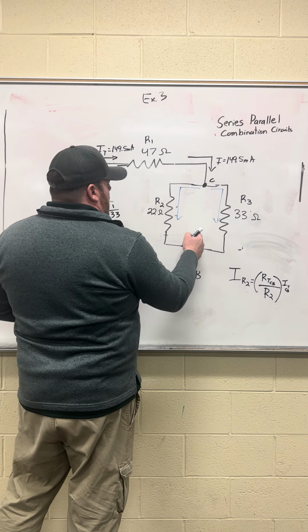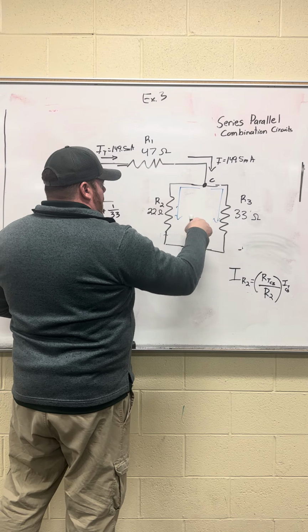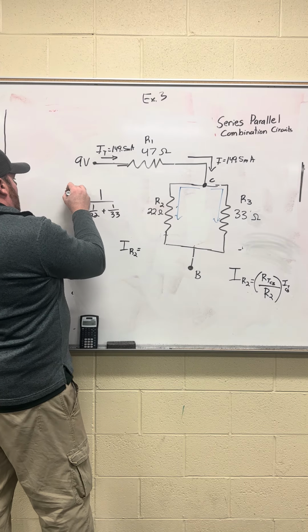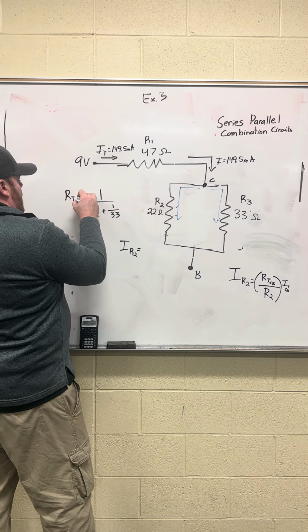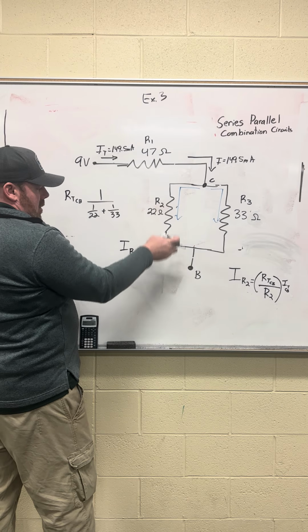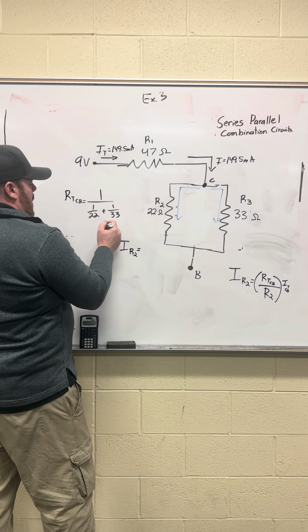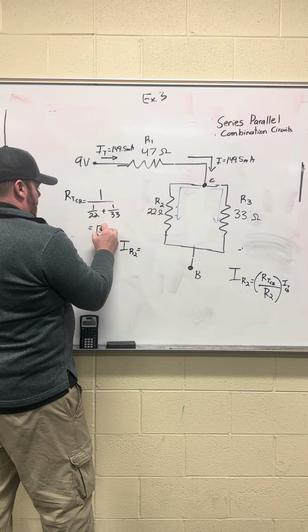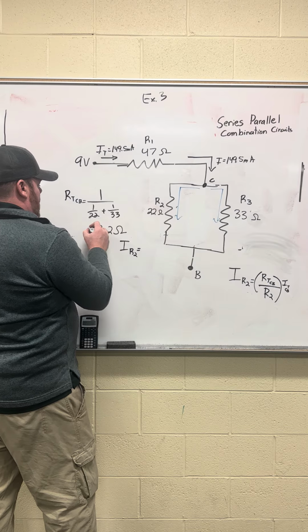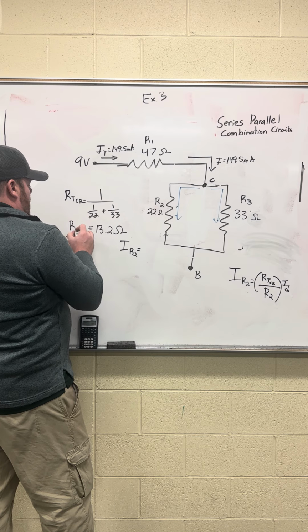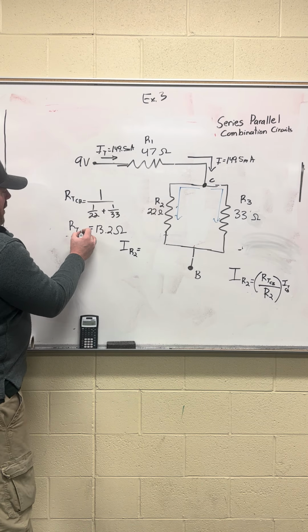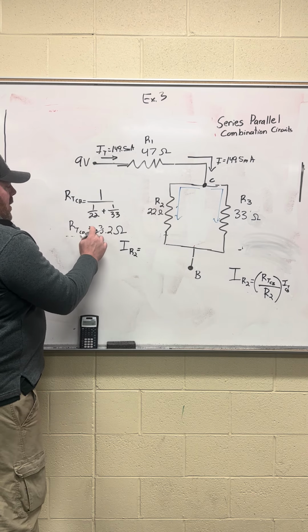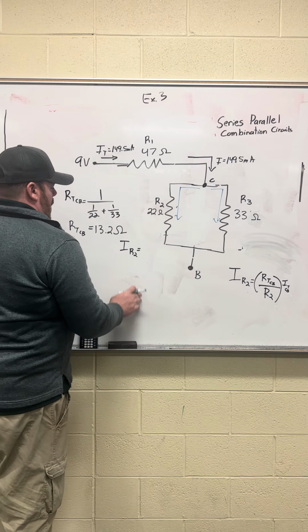So the total resistance of this section, we're going to call that RT from C to B. Total resistance from node C to B is going to be equal to this, which we just now determined is 13.2 ohms of resistance. So the total resistance between C and B is 13.2 ohms.